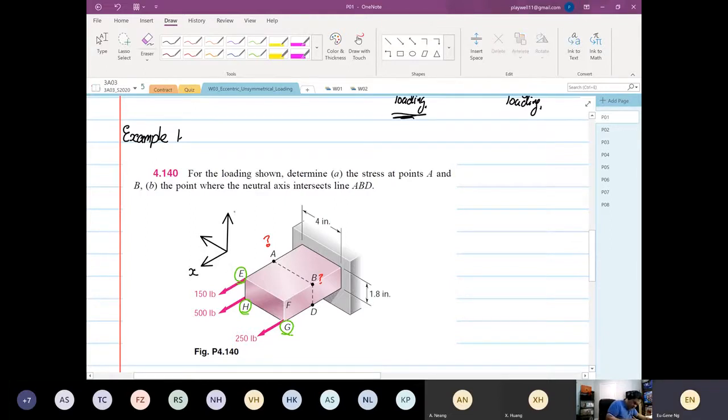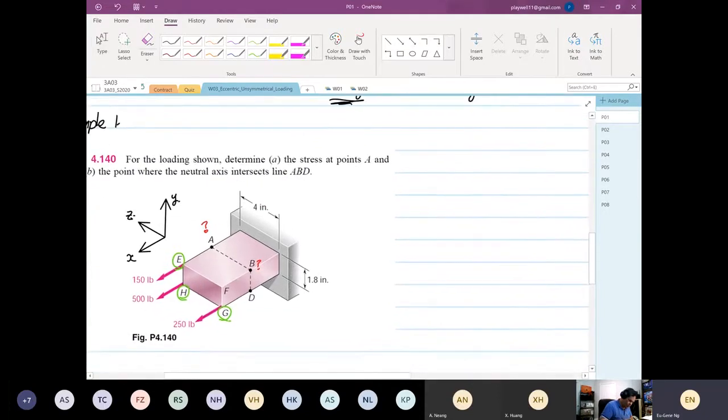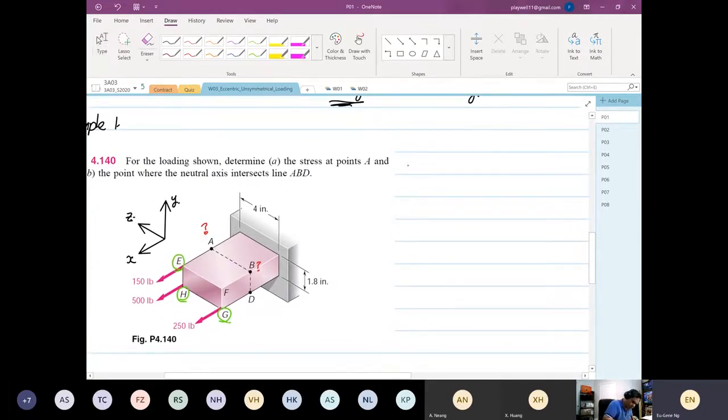For this case, we know that the structure is under unsymmetrical, eccentric loading.